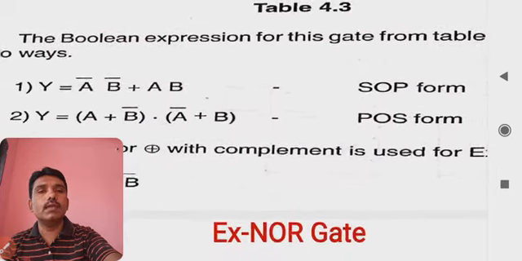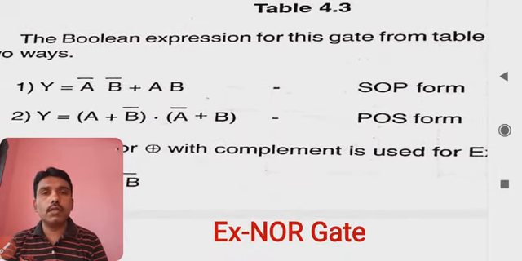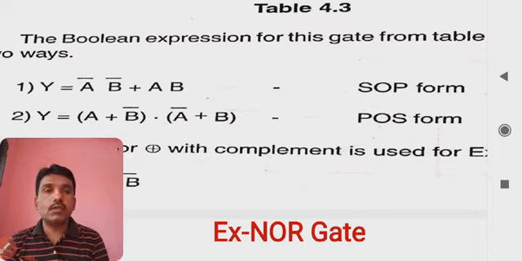For the SOP, Y is A complement B complement, or AB. Here the OR operation is taken as a plus, and the AND operation as a dot.